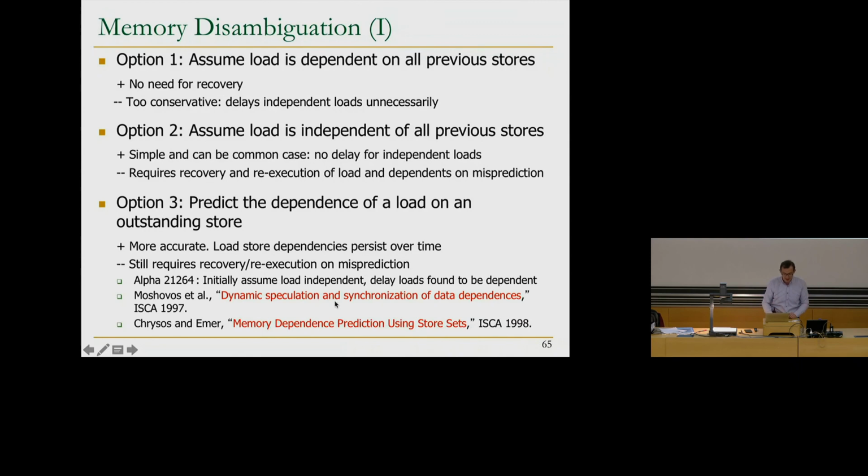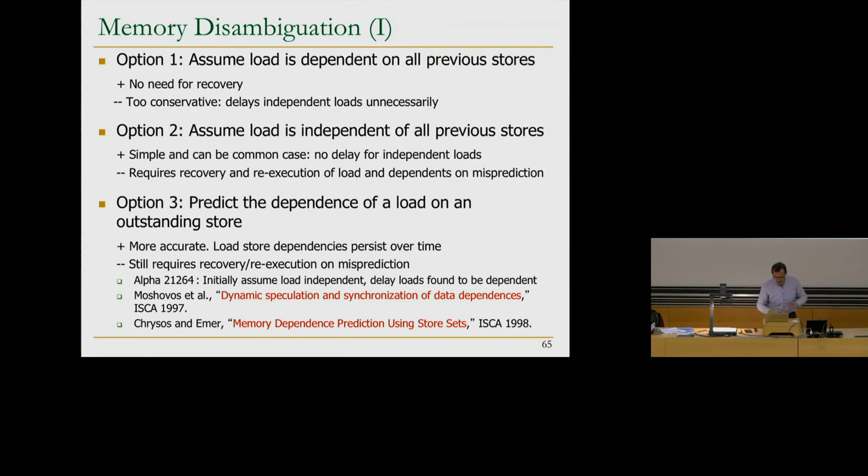And there are some very interesting papers. For example, the Alpha 21264, if you read this optional reading, you will see that whenever it executes a load, initially it assumes that the load is independent. It figures out if it's right or wrong. If it's wrong, the next time it says, I'm not going to assume that it's independent, I'm going to assume it's dependent. So it basically learns a little bit over time.